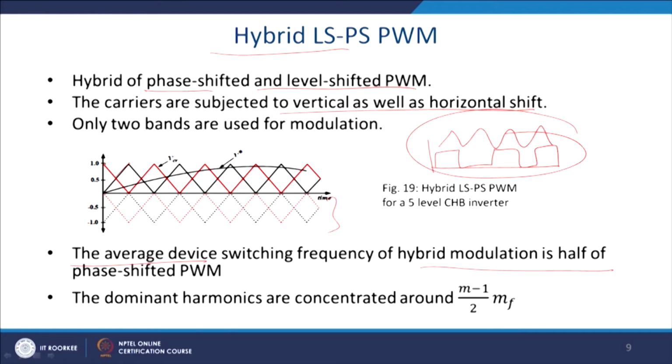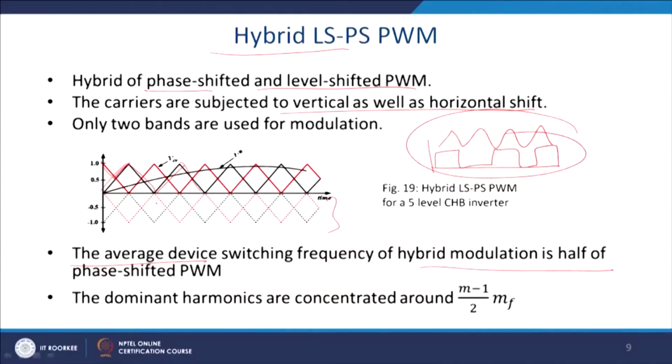Because you can see that this is your switching frequency of the carrier wave, but effectively you are coming to this red and black as an effective carrier wave. Thus, the dominant harmonics are concentrated around (n minus 1) by 2 into MF. So, this is the issue here.